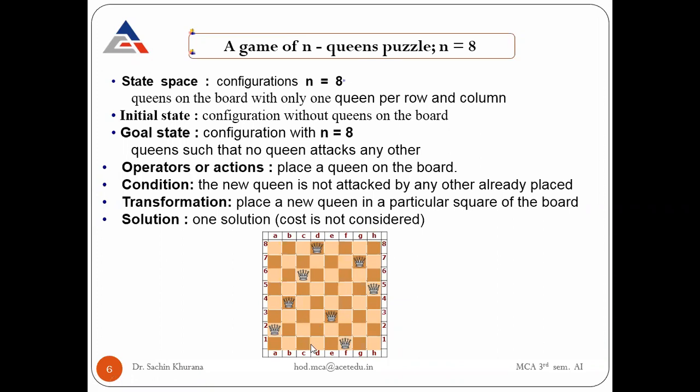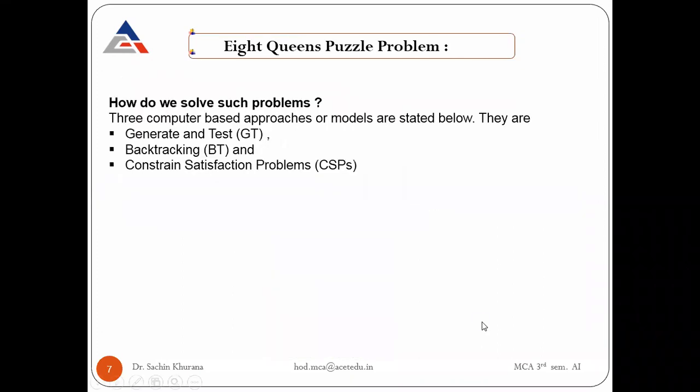And for the last queen again, horizontal movement, vertical movement, and diagonal movements you can see over here. So wherever we move the cursor based on the movement of the queen, we will see that no queen is attacking any other queen when we reach the goal state.